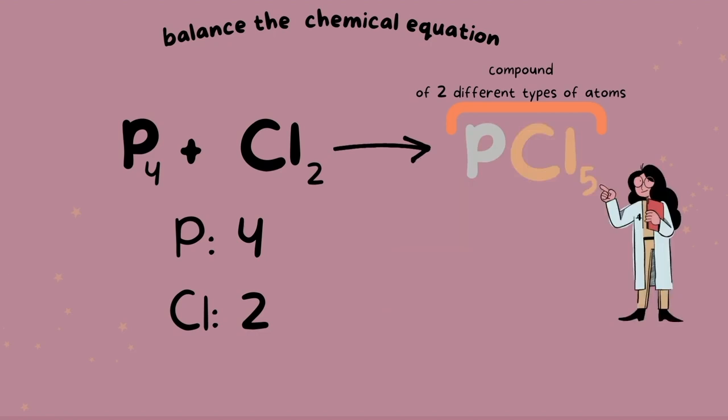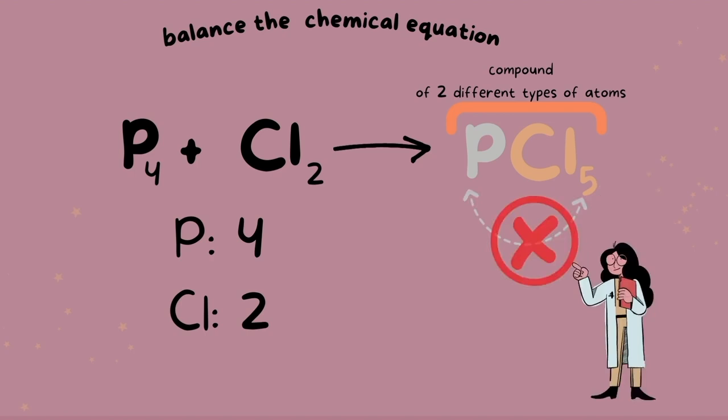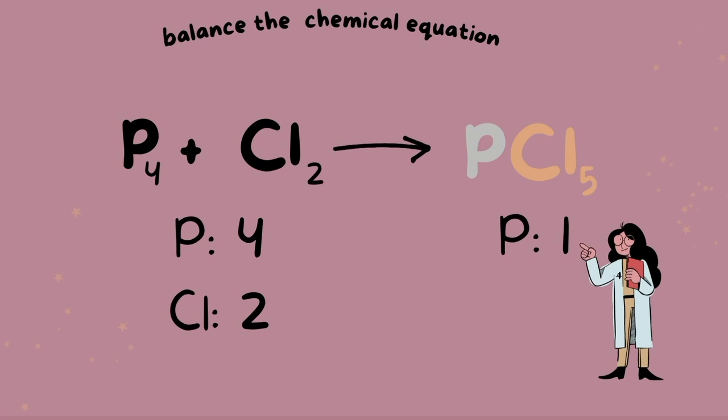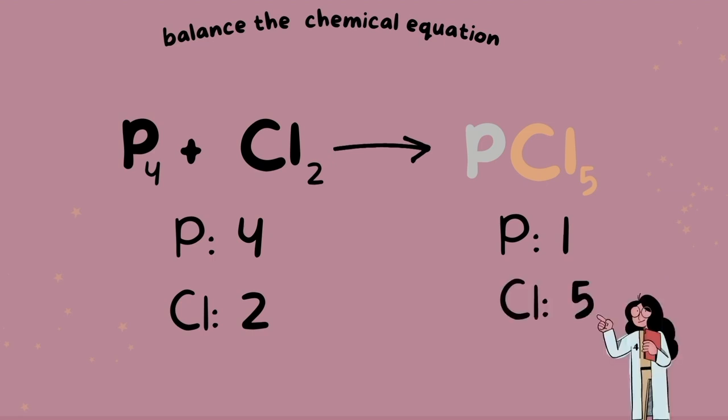It might be tempting to multiply the number 5 to the phosphorus, but this would be totally wrong. The number 5 only belongs to the chlorine. The subscript only belongs to the element it is attached to, unlike the coefficient, which is applied to every element in the compound. That being said, phosphorus has 1 mole or 1 atom, and chlorine has 5 moles or 5 atoms.